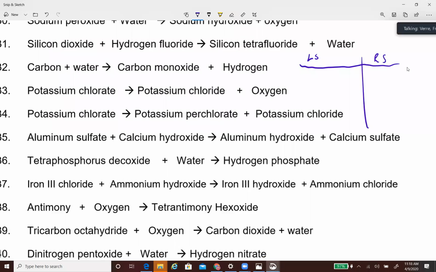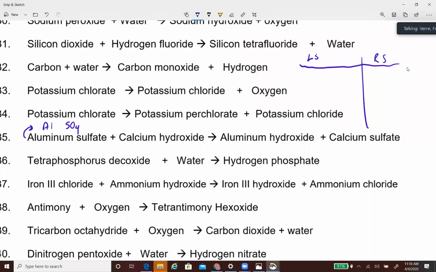Okay. First thing we have to do is write this out as an equation. Now, this is a PDF, so it's actually a little bit harder to work with. So what I'm going to do is write the equation up here, okay? So this is an example of where you have to know how to go from naming to formulas, right? So aluminum sulfate is Al, sulfate is SO4.